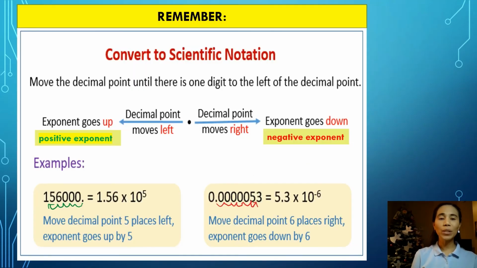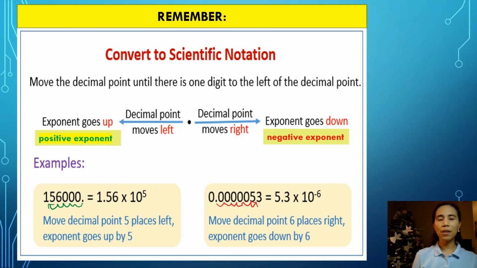To summarize what we have learned today, let's remember these things on converting a number, whether a big number or small number, to scientific notation. First, move the decimal point until there is one digit to the left of the decimal point. The exponent goes up when the decimal point moves from right to left. So that means it will give you a positive exponent.